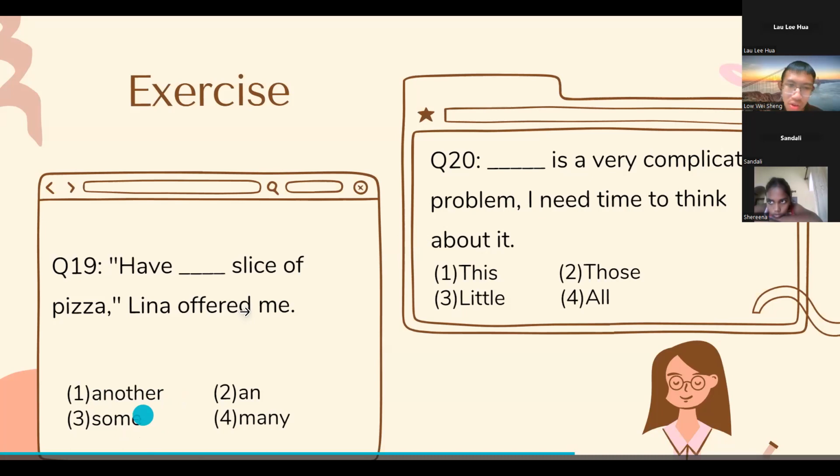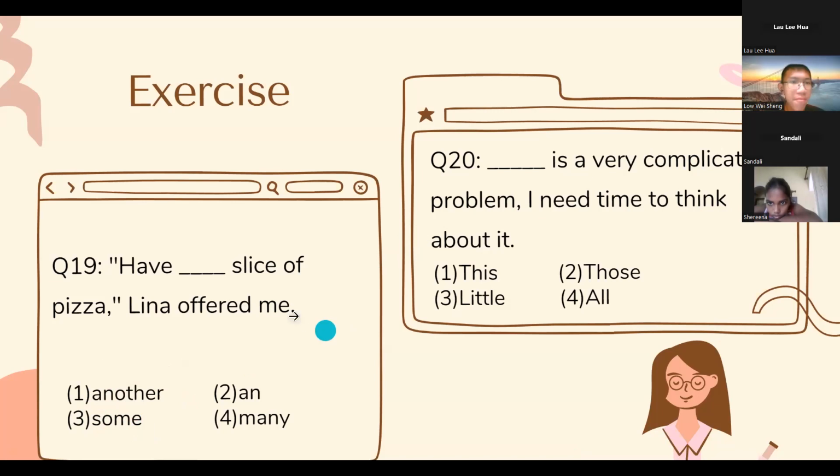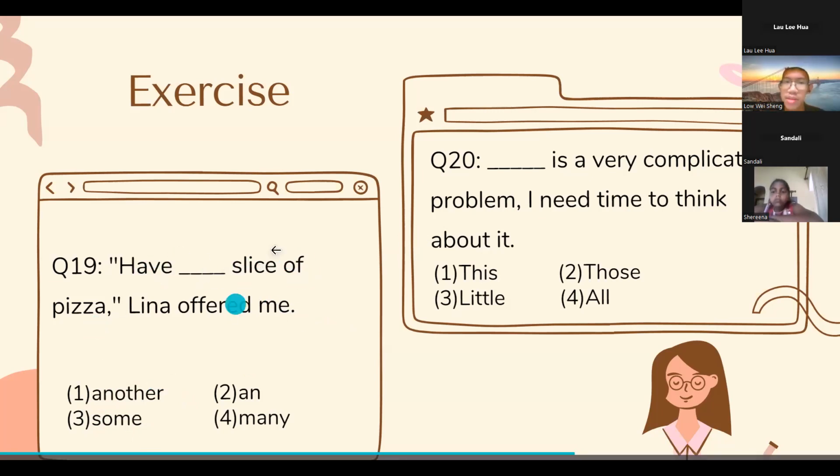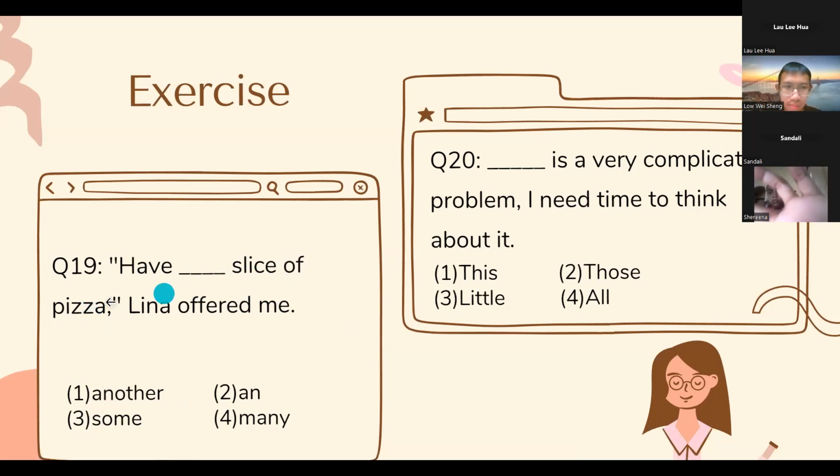All right. So let's try to look at the word some. Some is used to describe plural, many things, or at least more than one, right? Here is have, slice of pizza. Is slice of pizza singular or plural? Singular. Correct.